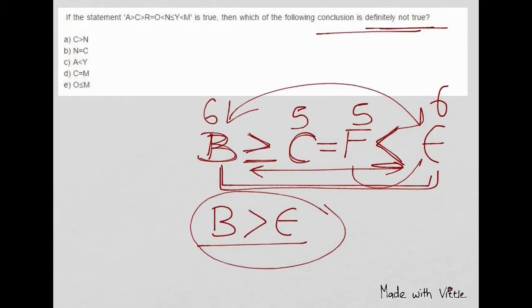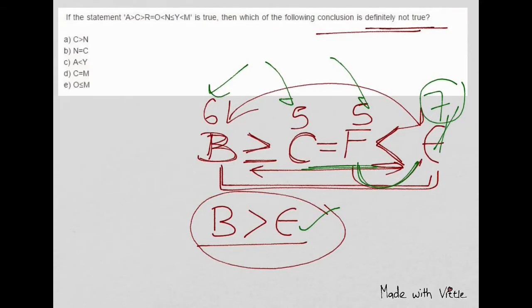But then imagine you put 7 here because E is greater than F. There is no relation between E and B. The relation is only between E, F and C, and C is equal to F. So if you put 7, then E becomes greater. Or if you change all these numbers and make E smaller than B, then again you will have an answer which is true.